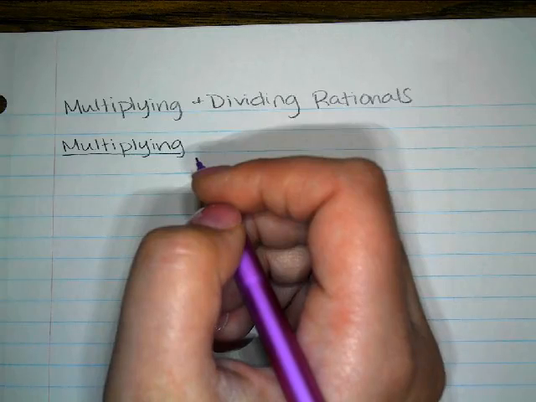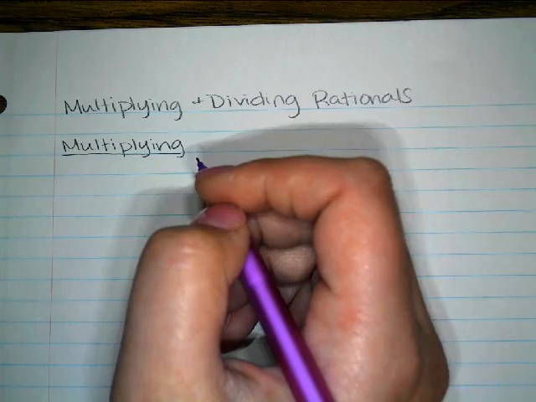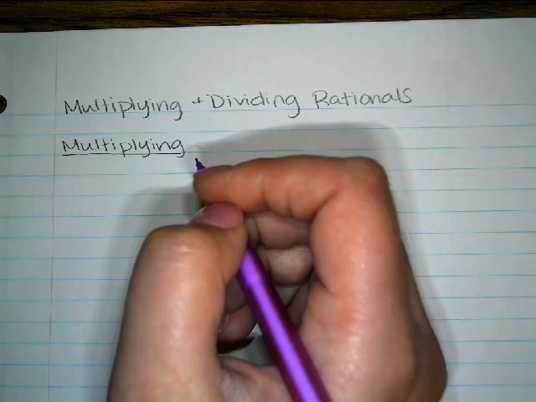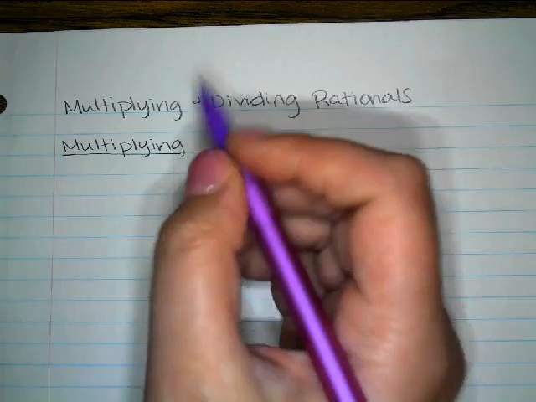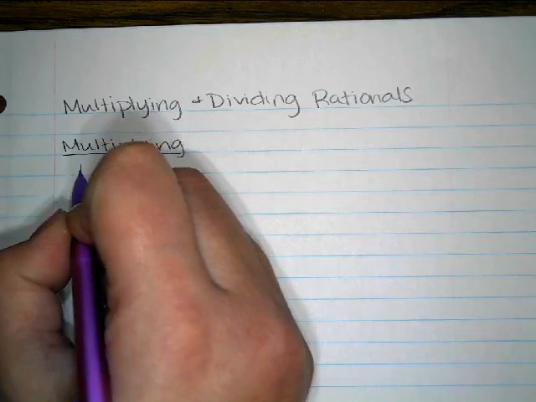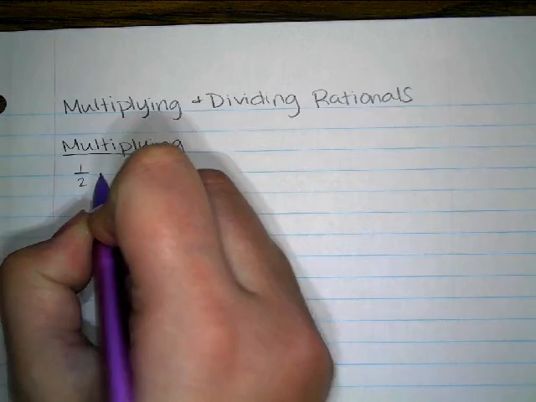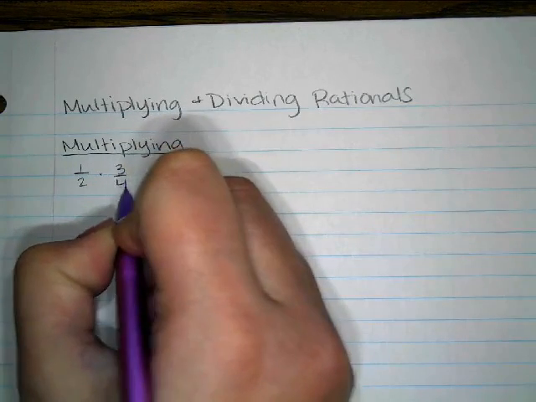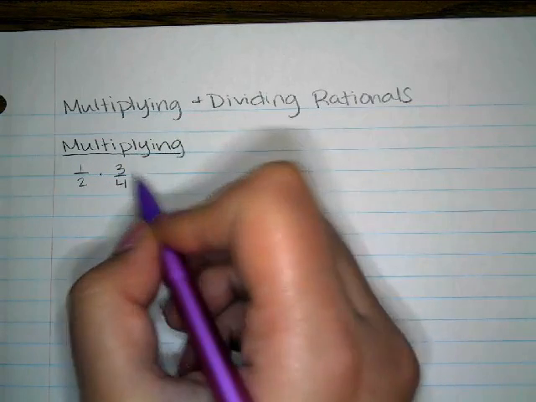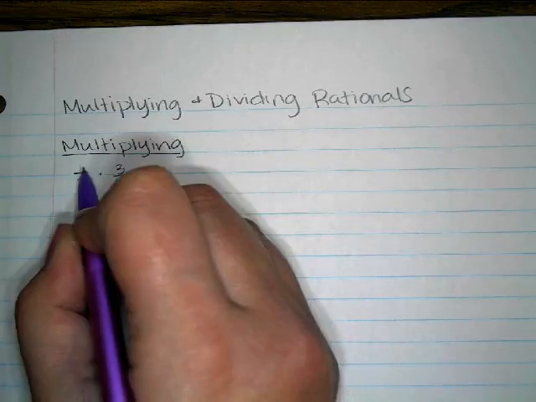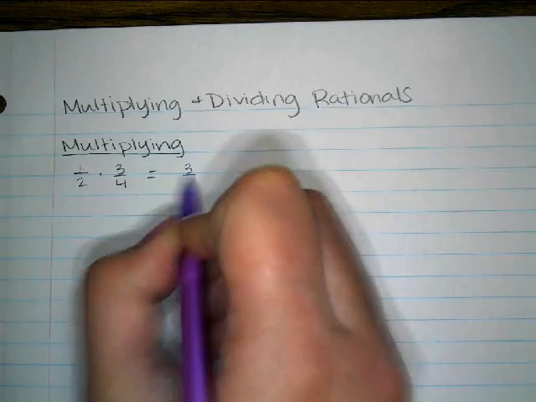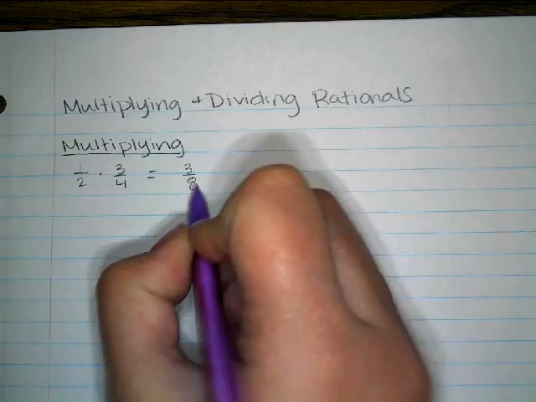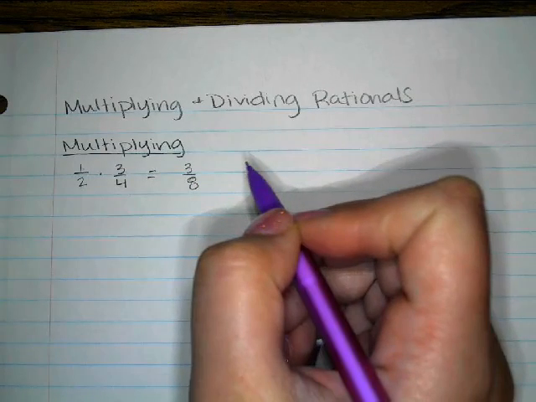The reason it's almost identical is because if you remember how to multiply fractions, say you had 1/2 times 3/4, you just multiply straight across. So 1/2 times 3/4 would be 1 times 3 over 2 times 4, and you would get 3/8.